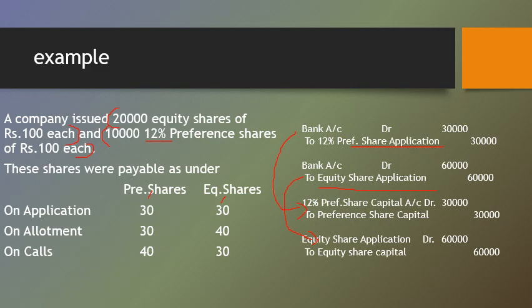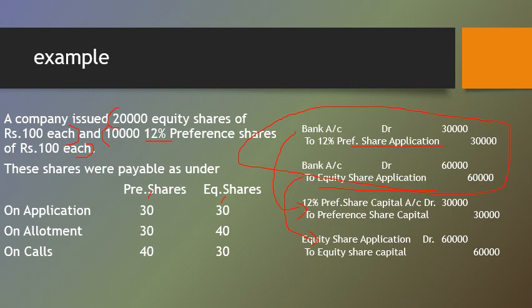Like this, we have to pass separate journal entries for each and every stage: application, allotment and calls. If you want, you can make a compound journal entry out of this. For example, these two journal entries can be combined into one.